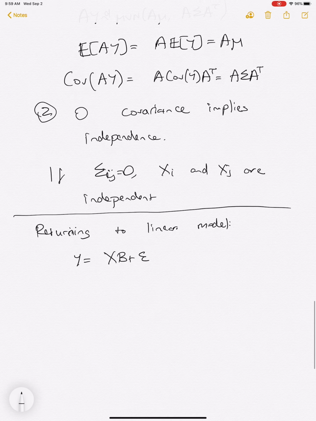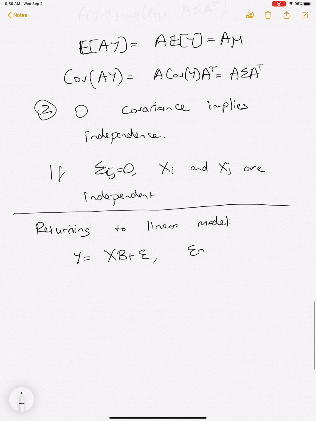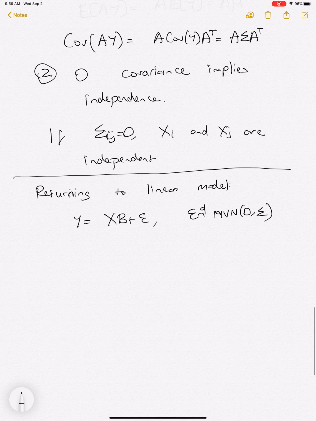So now we're going to return to the linear model. Remember, we made this assumption that for today we're going to assume that the noise vector is a multivariate normal with mean 0 and covariance sigma. Another way to think about that is that we actually can write out the distribution of y completely, because we know that Xb is the mean of the multivariate normal.